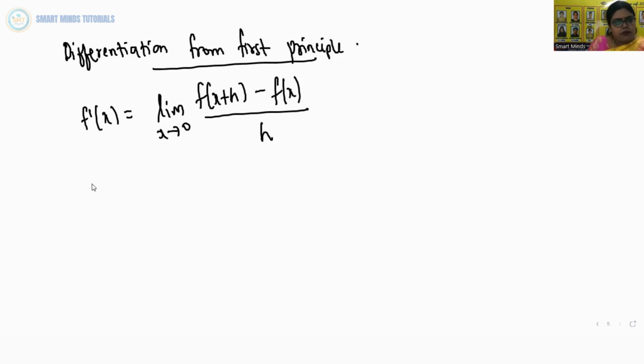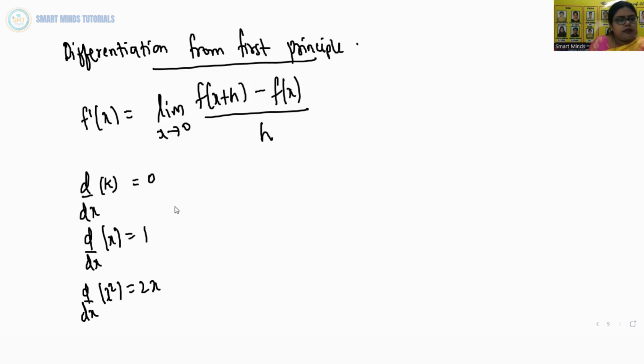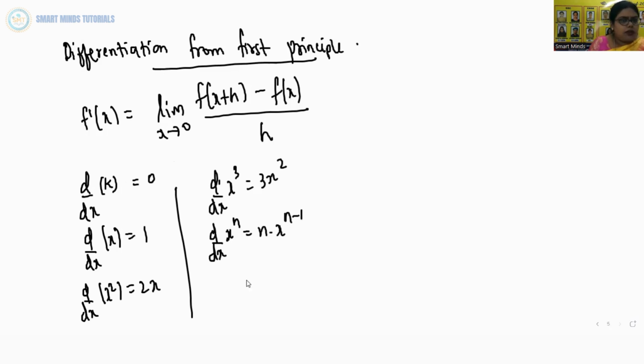Now I will give you some useful formulae for differentiation. d by dx of a constant is 0, d by dx of x is 1, d by dx of x square is 2x, d by dx of x cube is 3x square, d by dx of x power n is n into x power n minus 1.